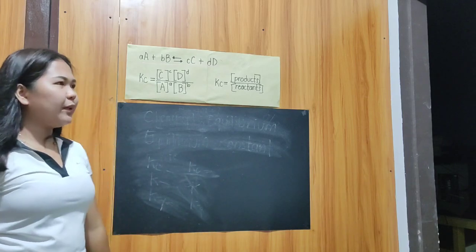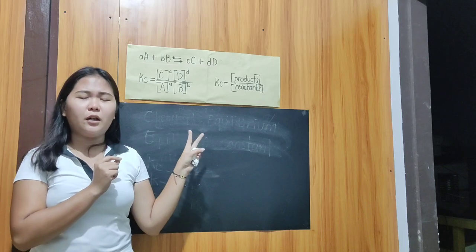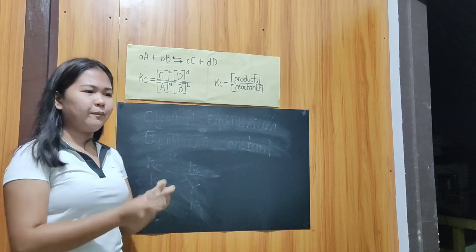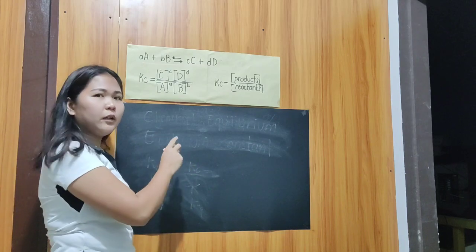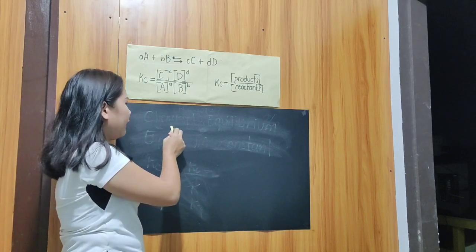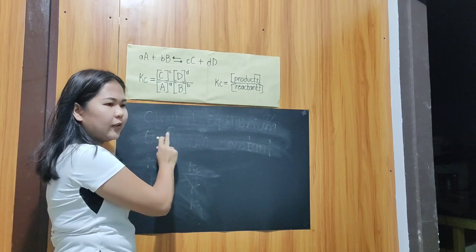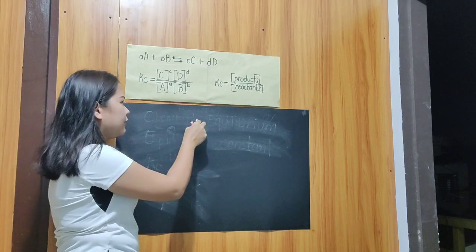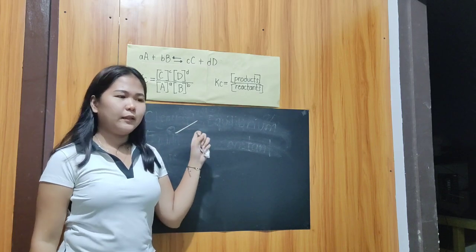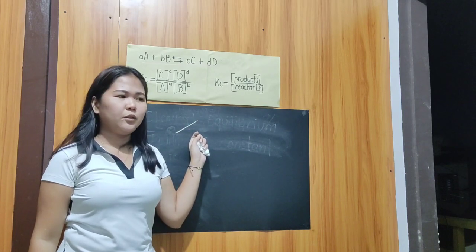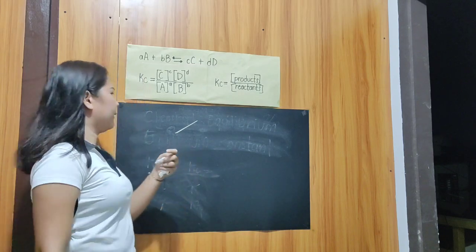So whenever we encounter this kind of equation, all you need to do is look at the equation, look at the substances. If there are solids or liquids, just cancel them. We will never include that kind of substances. Only the gas and the aqueous states. Okay? Always remember that.